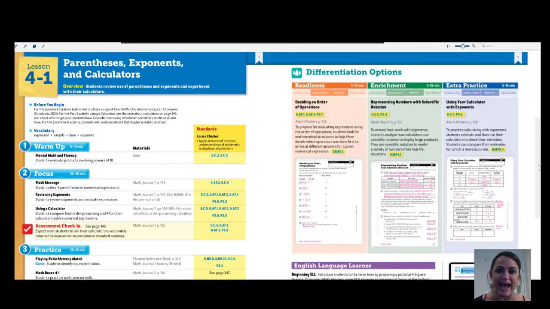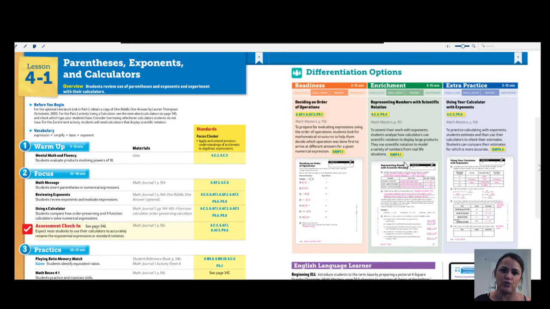And because right now we're actually looking at an overview that I kind of shared, the part 1, part 2, and part 3 of how the lessons work, what you'll notice is right to the very right of it, it's always going to give you differentiated options. Something for readiness that you might need to double dose before students engage in today's lesson, but also if they're right on track and following along, there's a way to enrich that learning.